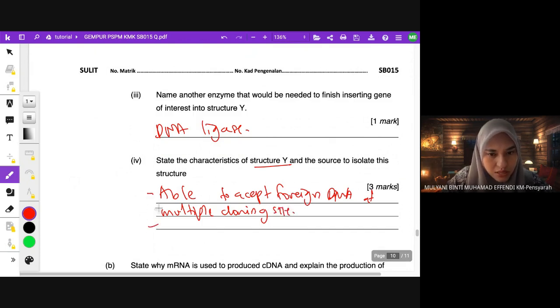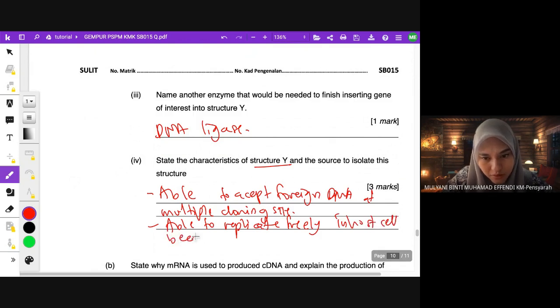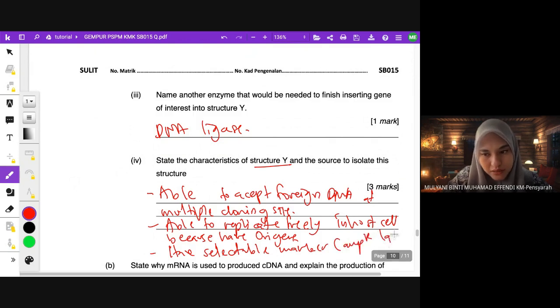Tu satu. So able to replicate freely in host cell. Because ada apa? Because have origin. Okay. And then have selectable marker, contohnya AMPR dan juga LAC-Z.